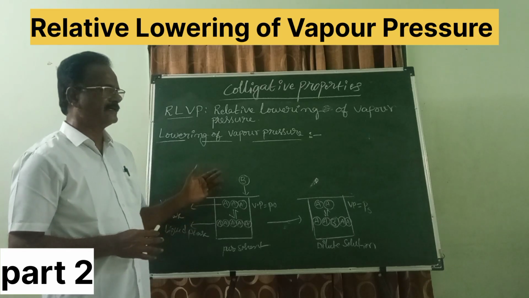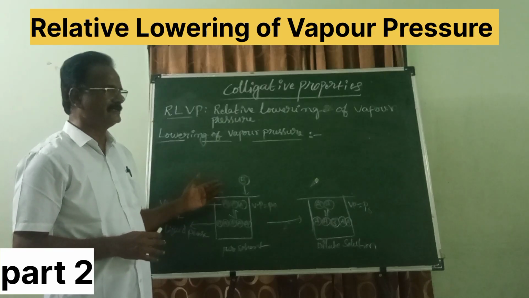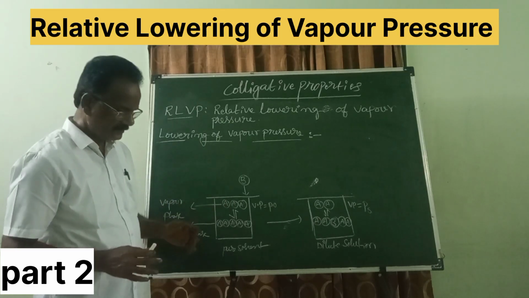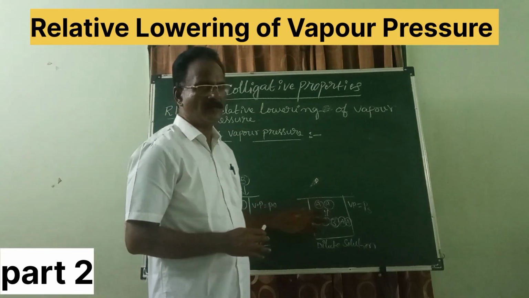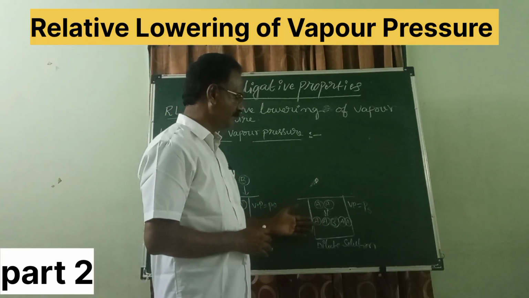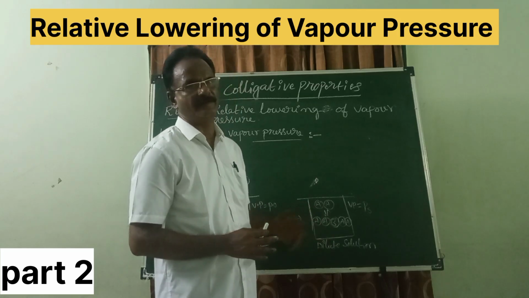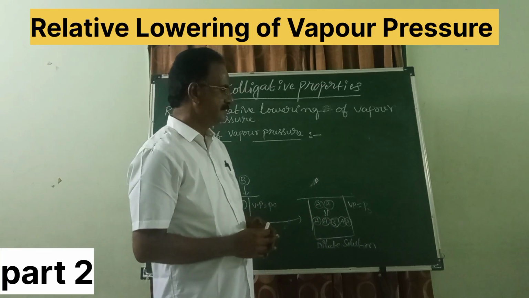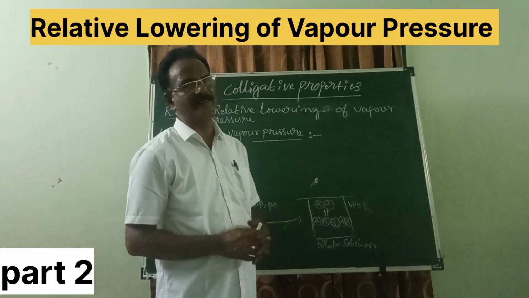Are you observing what is happening? As a non-volatile solute is added to the pure solvent, the number of molecules present in the vapor phase decreases because of intermolecular attractions of A and B. Is it clear? So the vapor pressure also will be decreased.